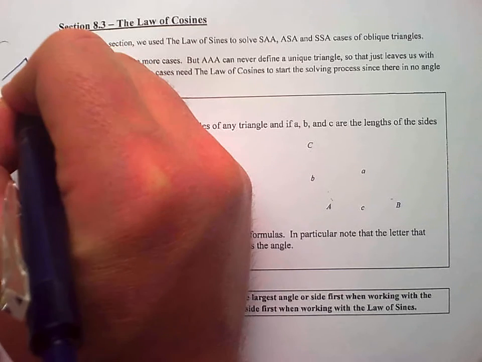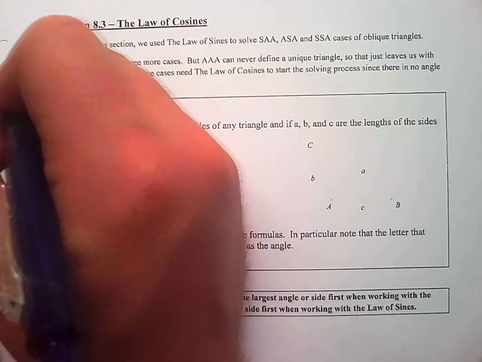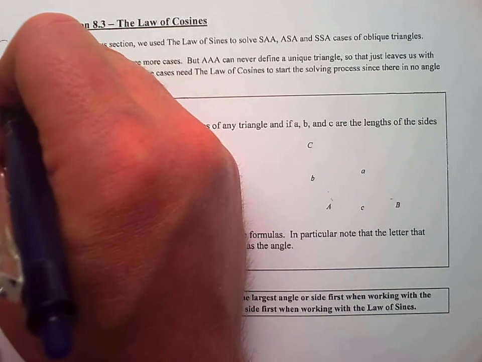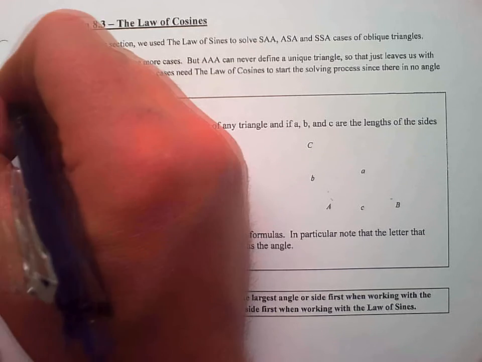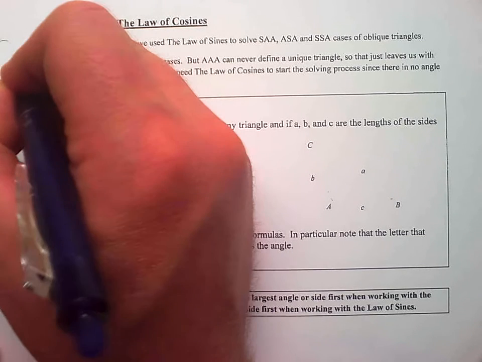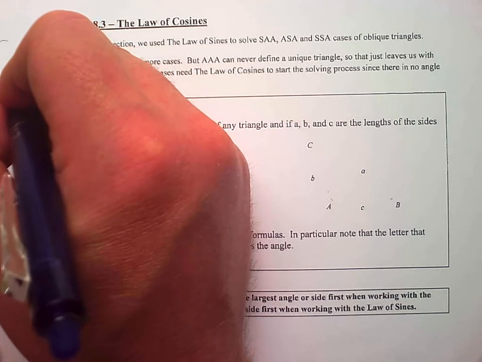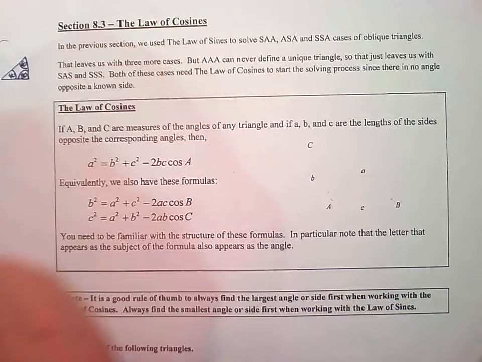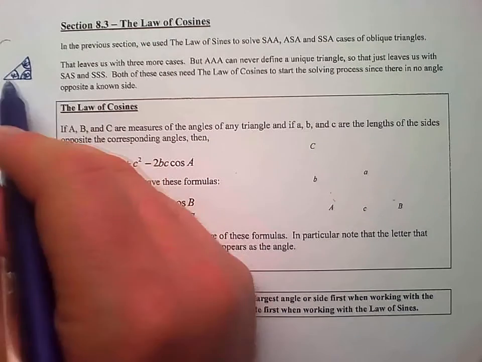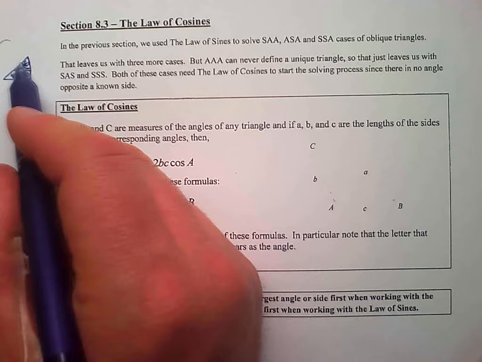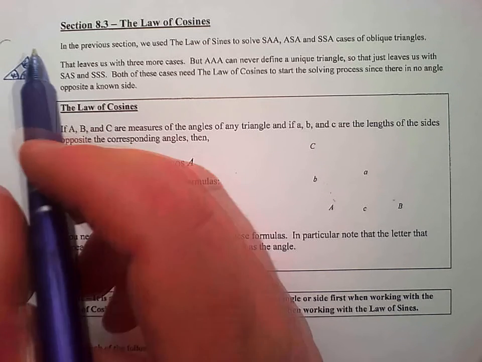Suppose that you had some triangle, and let's say that this one here is 40 degrees. This one up here is 60 degrees. And then that would have to make this one down here 80 degrees. Whatever these angles are, it doesn't really matter as long as they add up to 180 degrees.